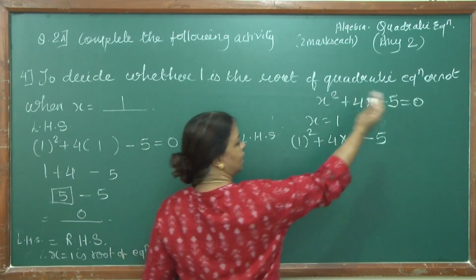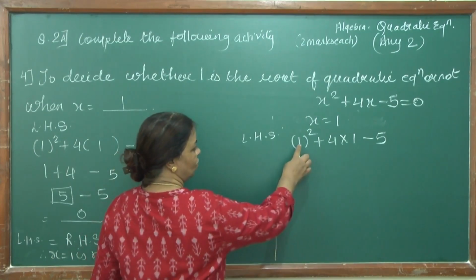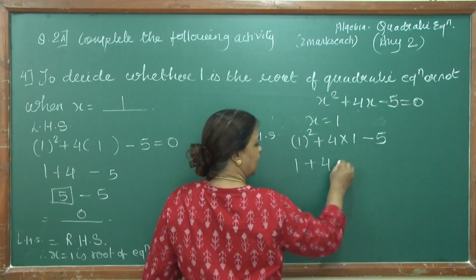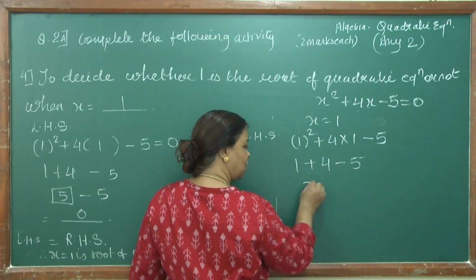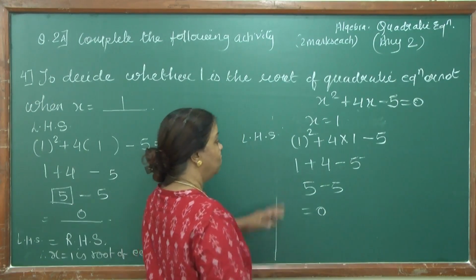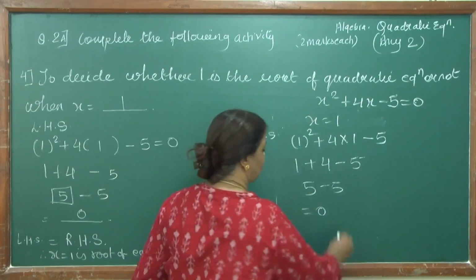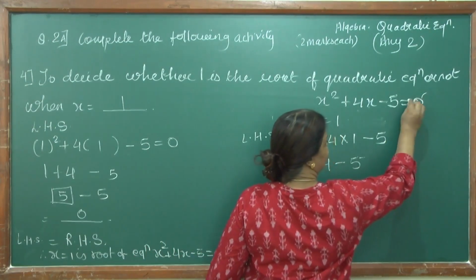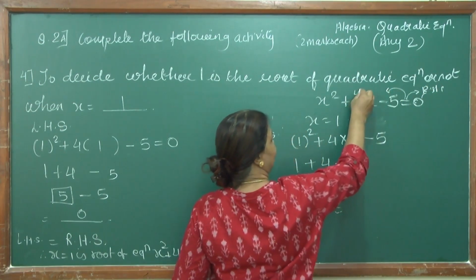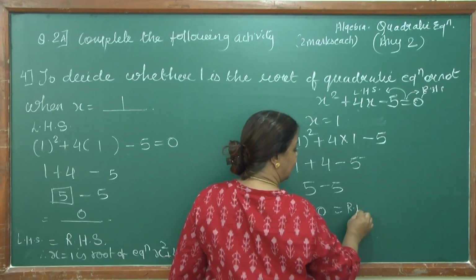I am not writing equal to 0 because I don't know what I will get. 1 square means 1, plus 4 into 1 is 4, then minus 5. 1 plus 4 is 5, minus 5 is 0. So when I place the value x is equal to 1, I got 0, which is equal to the right hand side. This side is the right hand side and this side is the left hand side. We have taken the left hand side, so this 0 is equal to the right hand side.